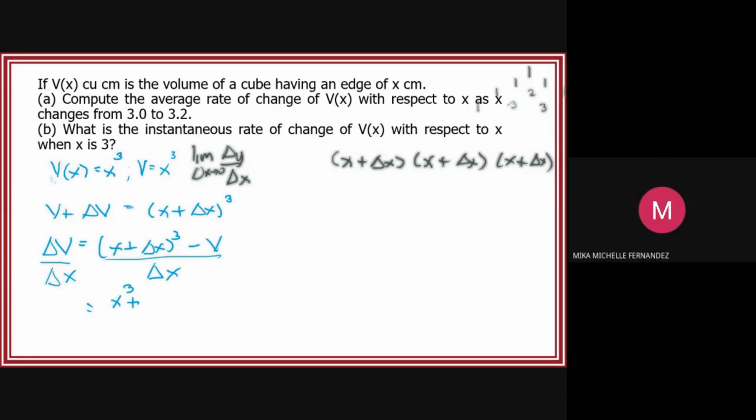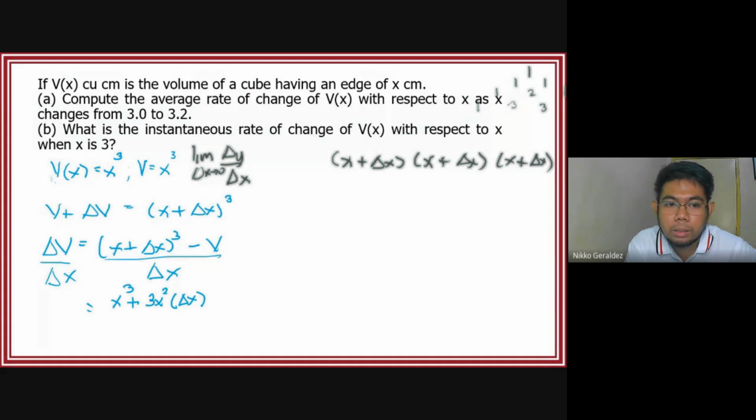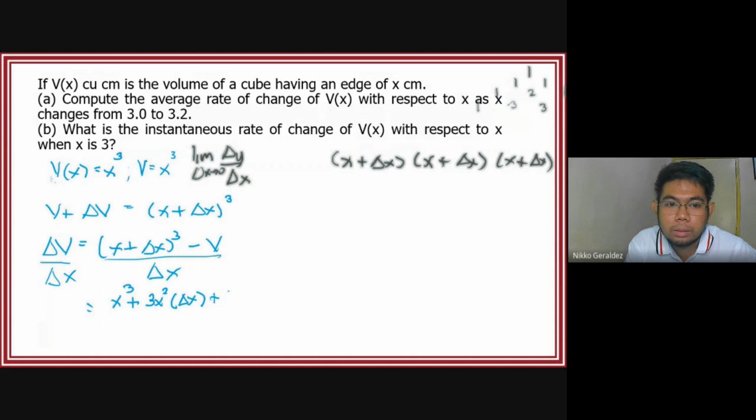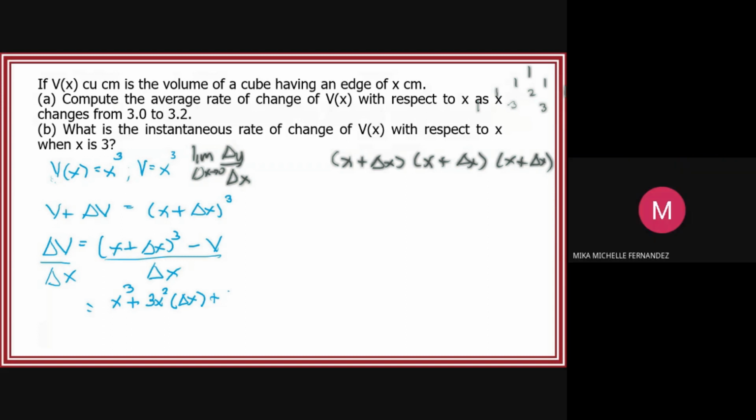Pakisolve. X cubed plus 3x squared delta x plus 3x delta x squared plus delta x cubed, minus v.